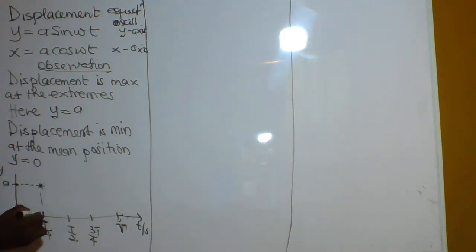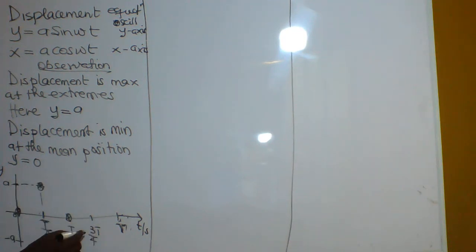So at a time t is equal to quarter of the period, the displacement is equal to A. At half of the period, the displacement is 0. At 3/4 of the period, the displacement is equal to negative of the amplitude.